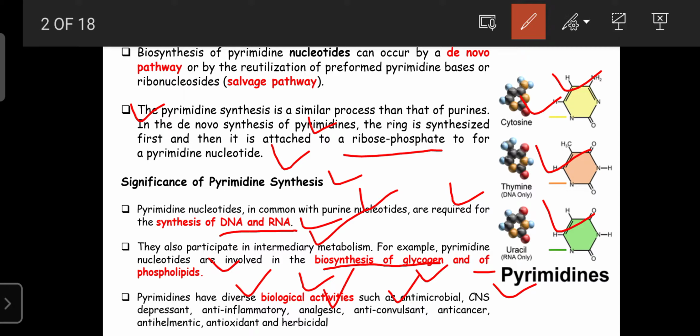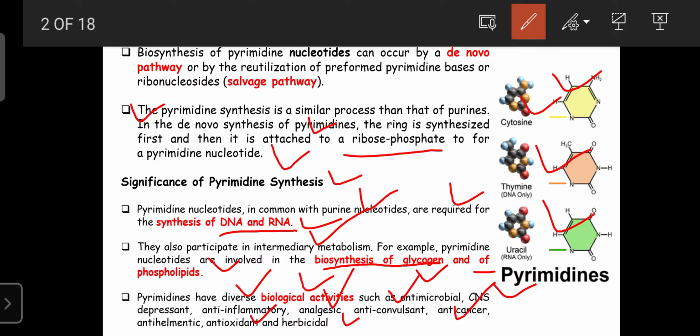They are also helpful for the treatment of cancer, as they have anti-cancer activity, and also anti-emetic and antioxidant activity. They are also herbicidal. So these are the various biological activities related to the pyrimidine nucleotides.